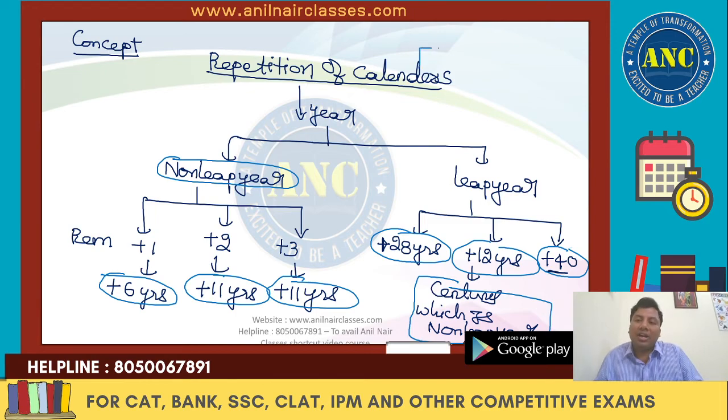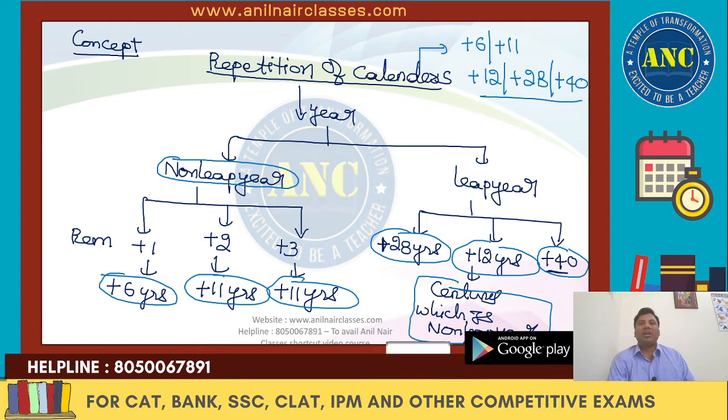Repetition of calendar works with plus 6 years, plus 11, plus 12, plus 28, or plus 40 years. I hope the concept is very, very clear to you. There are only two kinds of questions that will come in your examination.